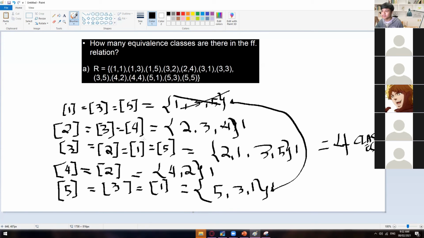Look, just look for the relations on each ordered pair, and then make a list of it as a class like this one, and then check whether there are similar or the same elements. Then count how many classes we have in total. So in here we have a total of 4 classes.